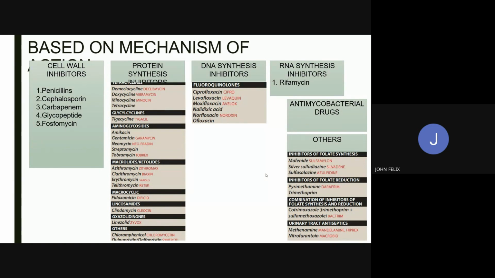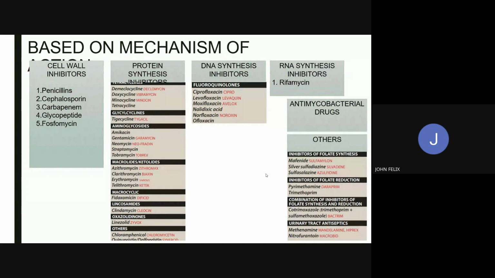So it's an important thing. Based on the mechanism of action, the drugs are classified as cell wall inhibitors, protein synthesis inhibitors, DNA synthesis inhibitors, and RNA synthesis inhibitors. These are the major mechanisms of action that an antibiotic exhibits. The drugs that inhibit cell wall synthesis are beta-lactam antibiotics like penicillin, cephalosporin, carbapenems, and glycopeptide antibiotics, and phosphonic antibiotics.